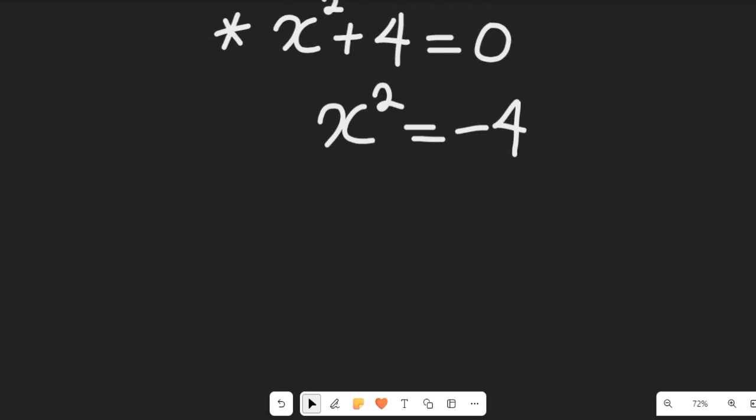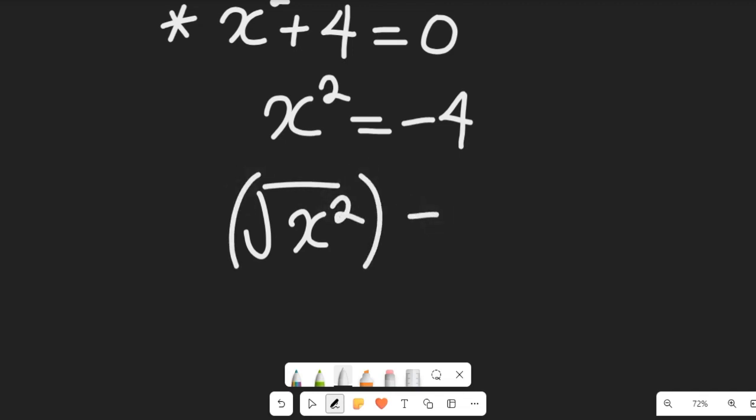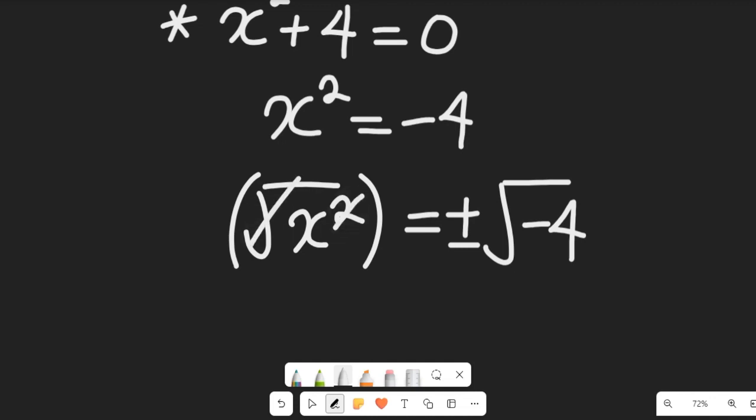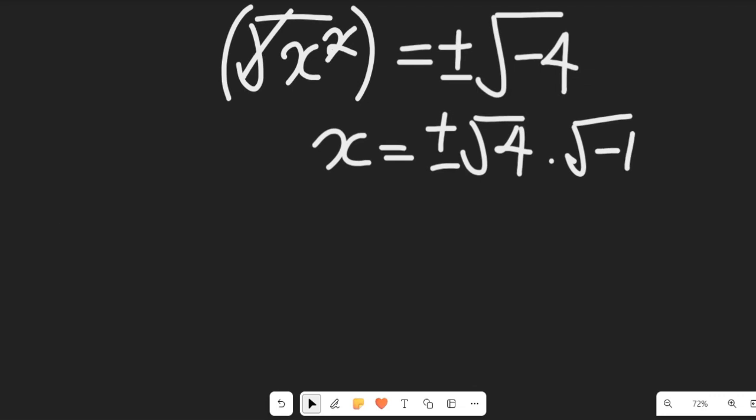So if we take the square root of both sides, x will be equal to plus or minus the square root of negative 4. The x squared clears the square root, and we'll have x equal to plus or minus the square root of 4 multiplied by the square root of negative 1. And the square root of negative 1, remember, is imaginary.